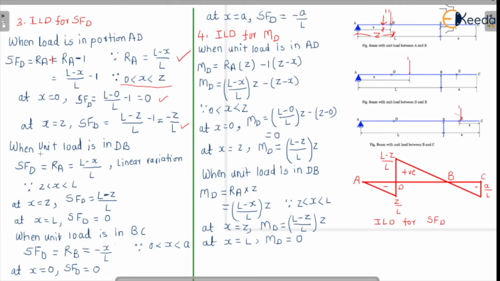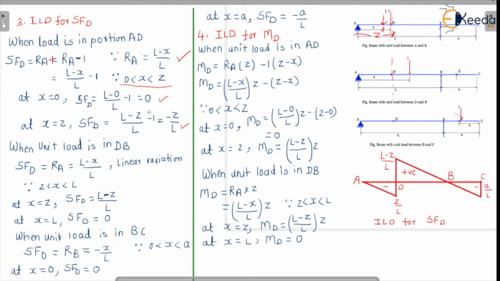Now let us consider when the unit load is in portion DB. But we want to know what the shear force is at this point. So the section is here, so only consider this part. Whatever comes at this particular section, we will see that. So shear force at D is again only RA, because the unit load went that side.